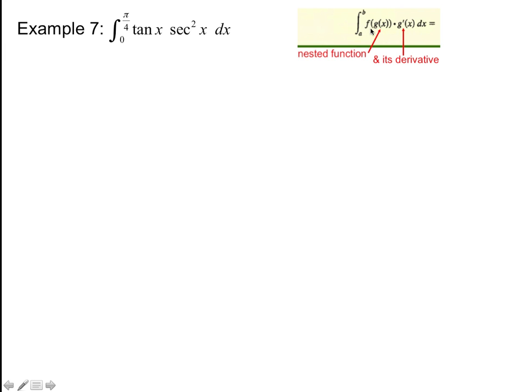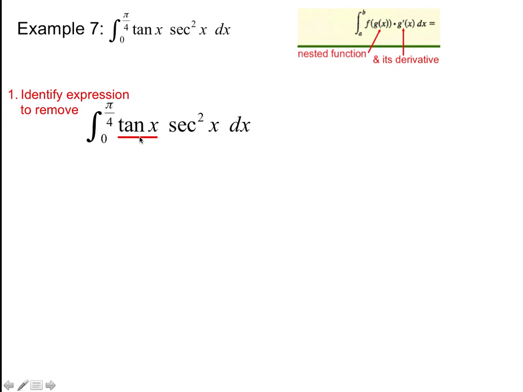Remember that we have this nested function, this g of x, and inside the integrand we also have the derivative of g of x, and that's the big indicator that we can use the u sub. So here in this one it might be a little harder to see, but we have a function tangent and its derivative secant squared.